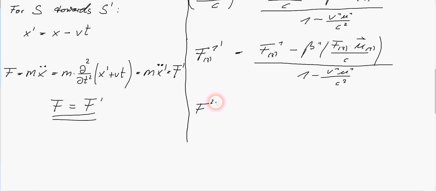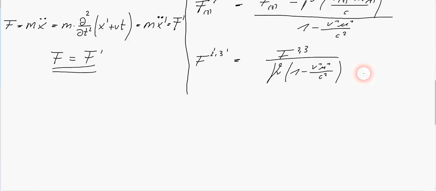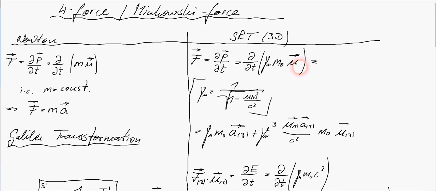And for F2 and F3 we get the same expression, divided by gamma V, times 1 minus V1 U1 over c squared. Okay, and here we directly see that F does not equal F primed.